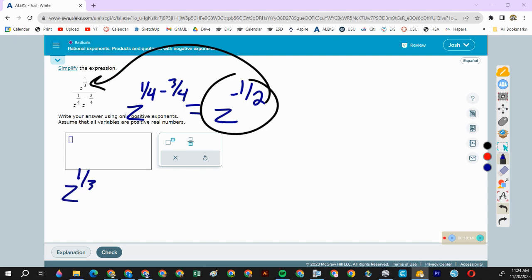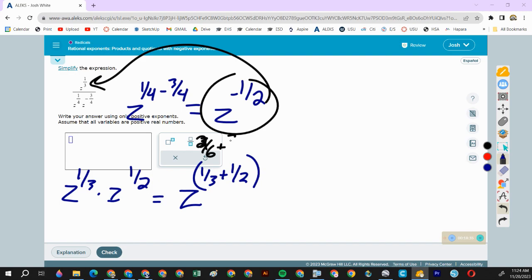Z to the 1/3 times z to the 1/2. Well, it was negative on the bottom, but when I move it to the top, it becomes positive. So that is z to the 1/3 plus 1/2. So that is 2 over 6 plus 3 over 6. So z to the 5 over 6.